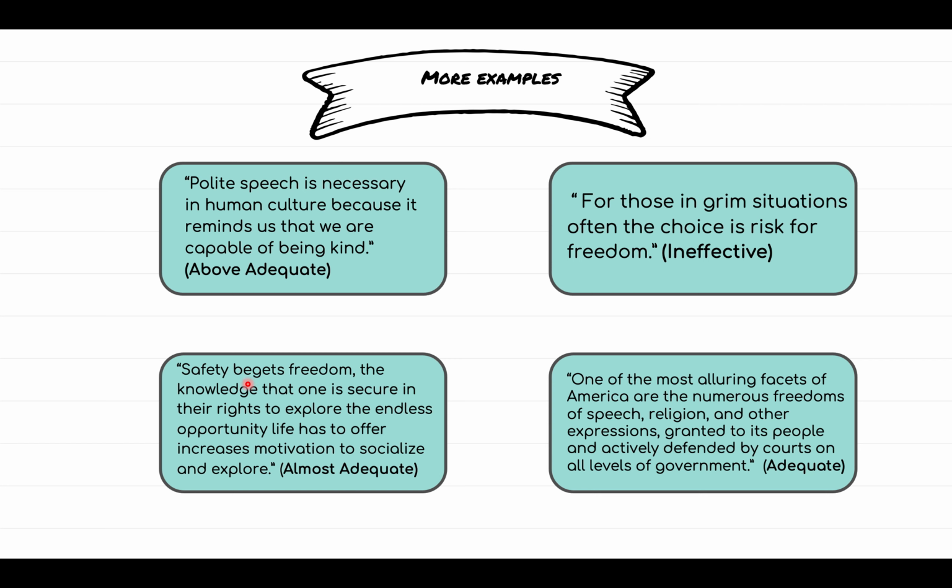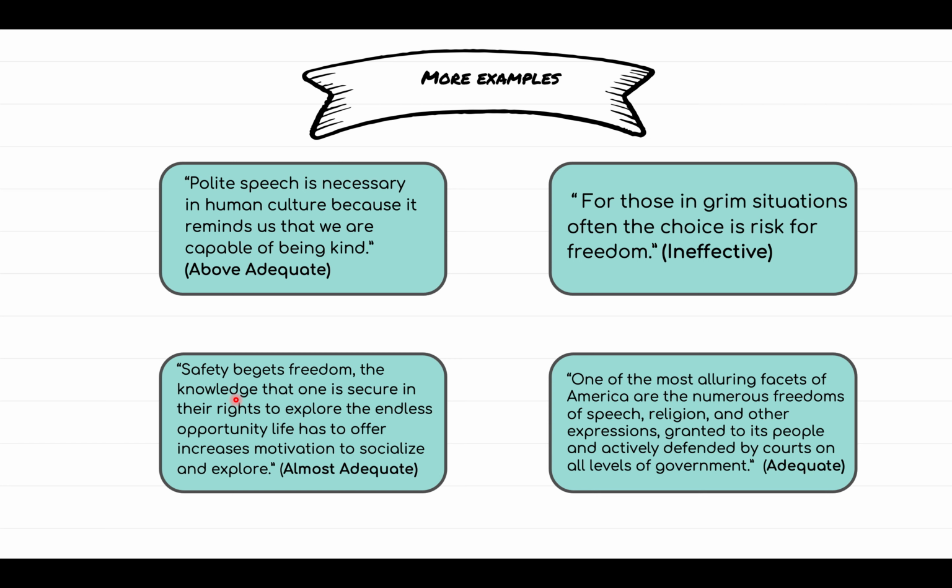Here, safety begets freedom. The knowledge that one is secure in their rights to explore the endless opportunity life has to offer increases motivation to socialize and explore. It's almost adequate. Why is it almost adequate and not quite adequate? Because here, the claim is that safety somehow gives birth or brings forth freedom because of the knowledge that one is secure in the rights to explore the endless opportunities.